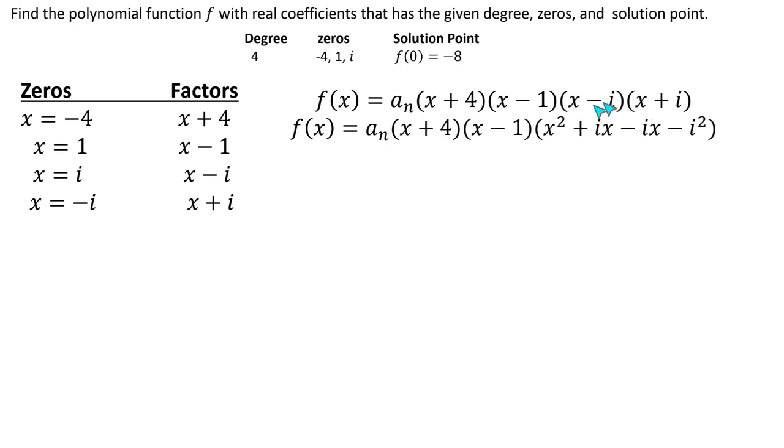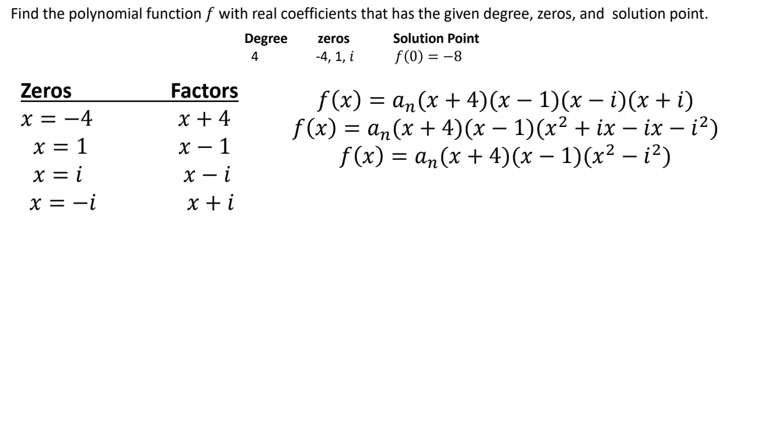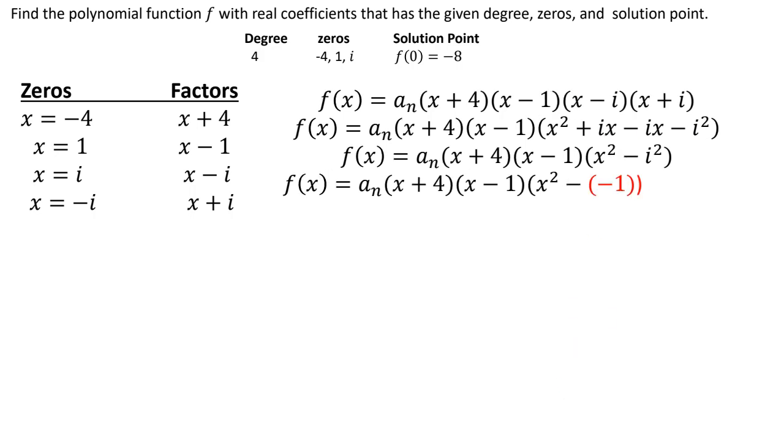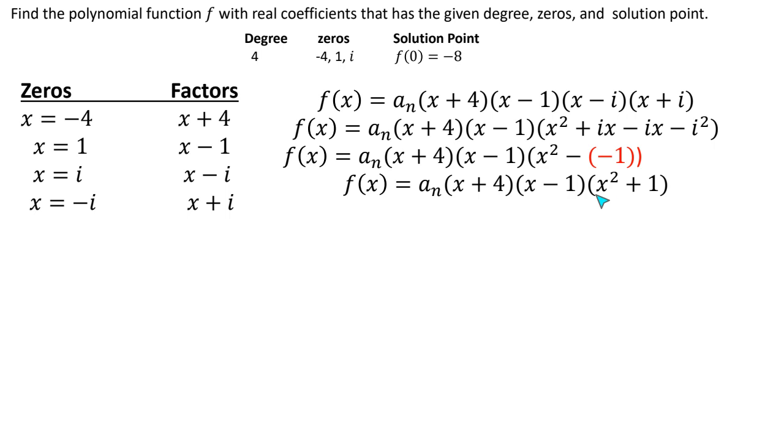Since they're conjugates. If you're not sure of the shortcut, then you can just do what I did here. x times x, x squared, x times i, ix, negative ix, and then we have a negative i squared. So the ix's will become 0. And then i squared we know is the same as -1. And if we simplify, then we have x squared plus 1.